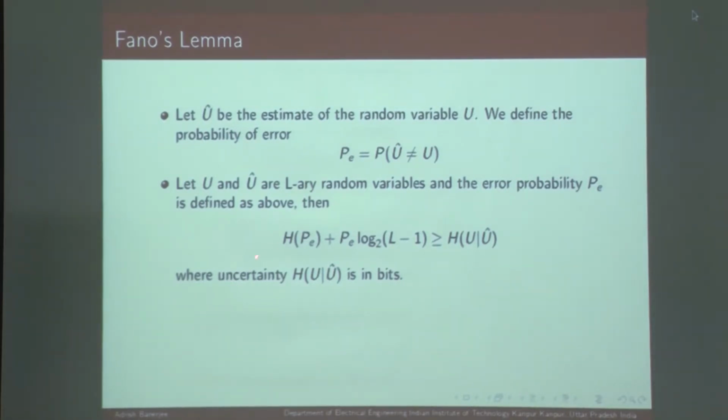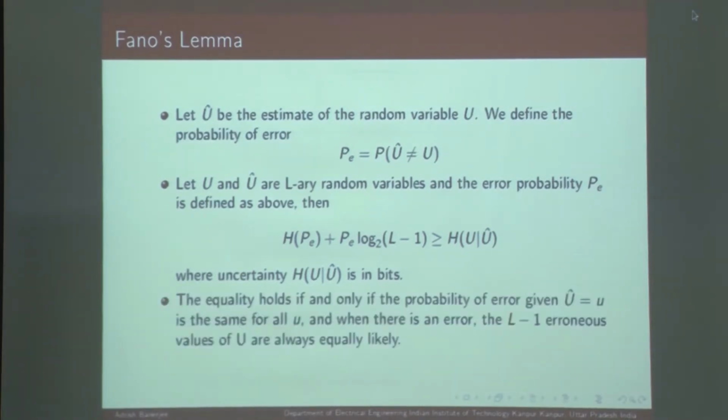Then we can show that the binary entropy function of this probability of error plus P log (L minus 1) is greater than or equal to the uncertainty in U given U hat. Okay. So, this is a result which relates the probability of error to this uncertainty in U given U hat. So, let us prove this, and of course, this equality holds when these two conditions are met.